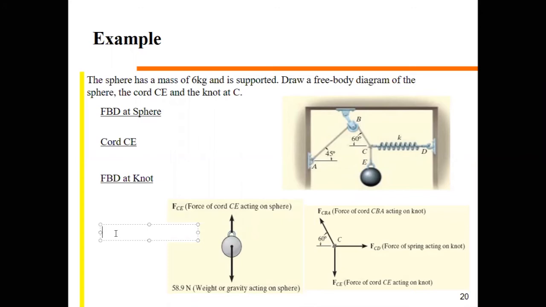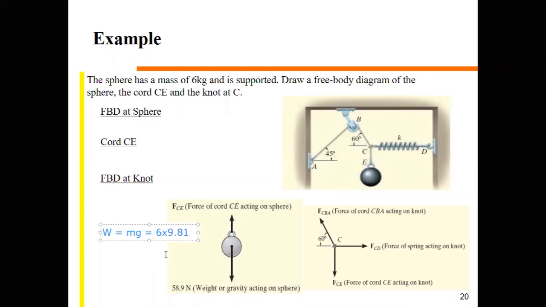Weight W equals m times g, where m is the mass and g is the gravitational acceleration. So this equals 6 kg, mass must be in kg, multiplied by the gravitational acceleration, which is usually 9.81.